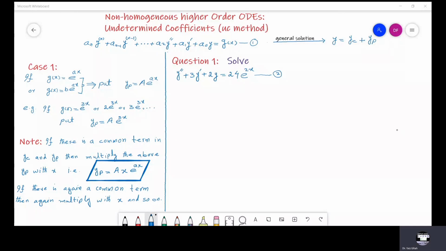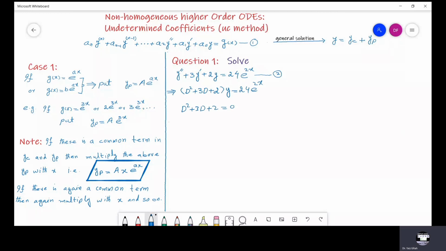Let us solve question number 1. Equation 2 can also be written as d square plus 3d plus 2 into y is equal to 24 e power 2x. Now, the first thing is to obtain the value of yc, for which we need the auxiliary equation. So the auxiliary equation is d square plus 3d plus 2 equal to 0.